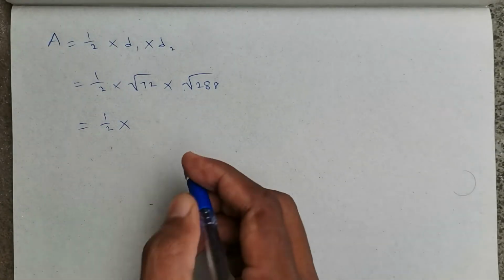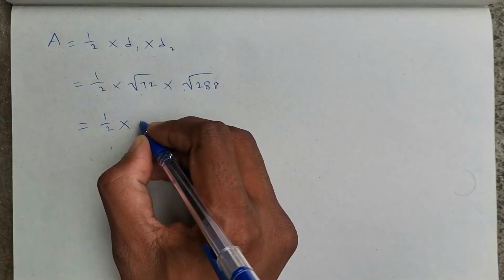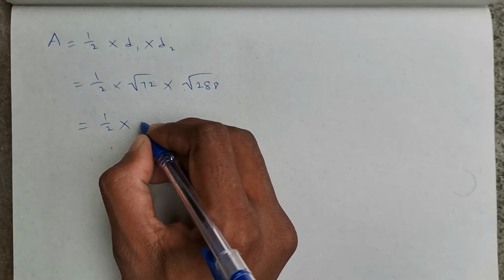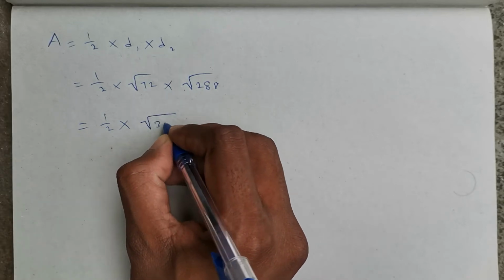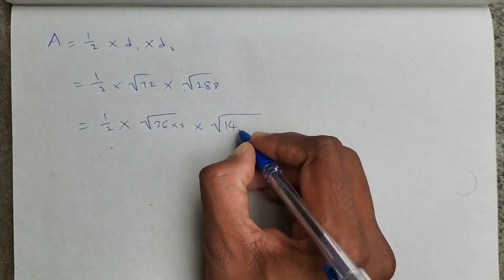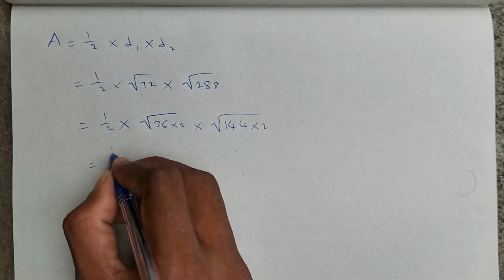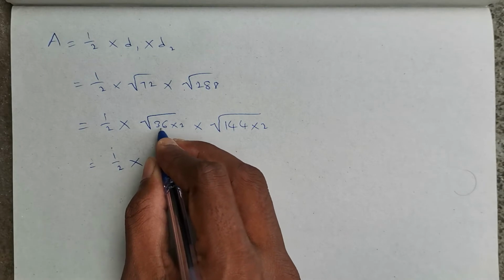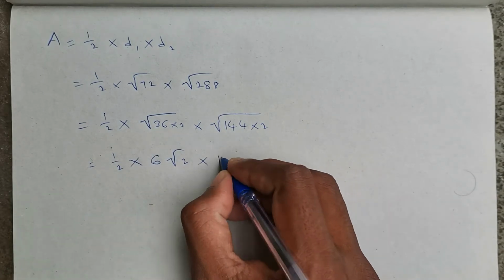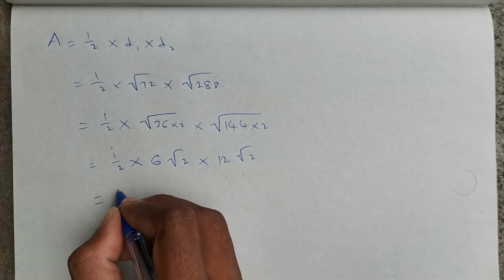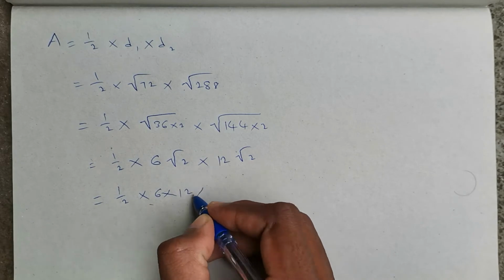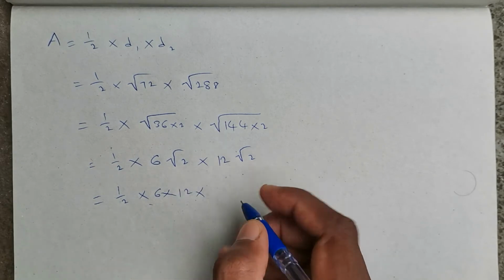So which is equals to 1 by 2 into this root 72 can be written as under root 36 into 2, into under root 288 can be written as 144 into 2. So we will get it as 1 by 2 into root 36 is 6 root 2 into root 144 is 12 root 2, which is equals to half into 6 into 12 into root 2 into root 2.